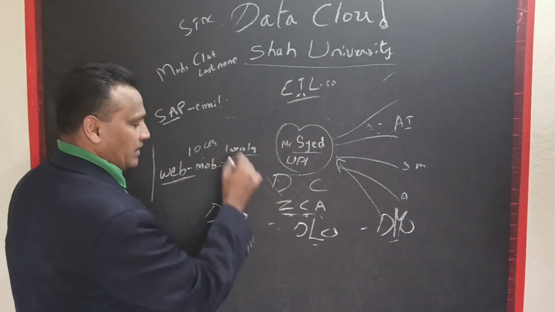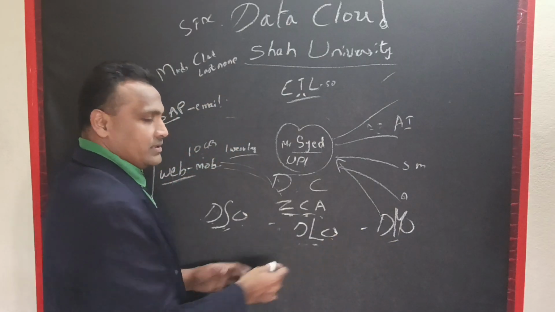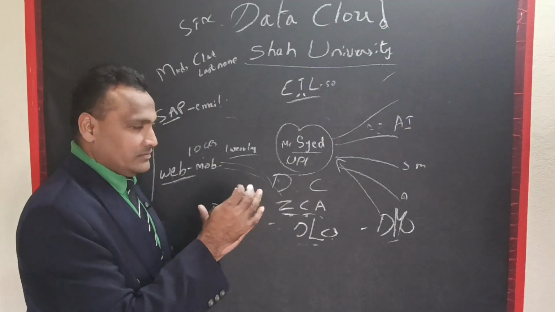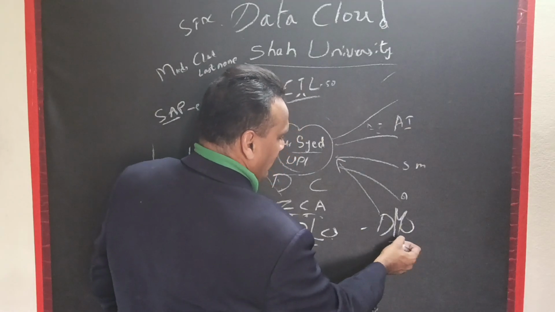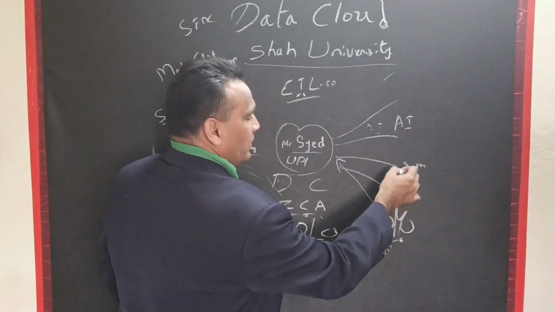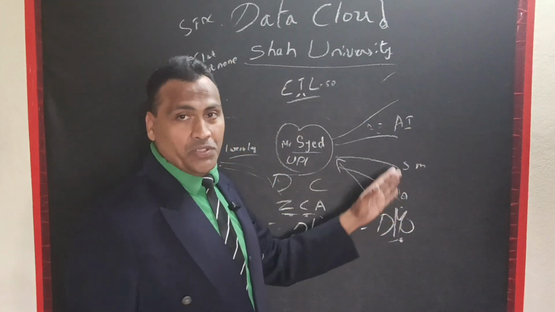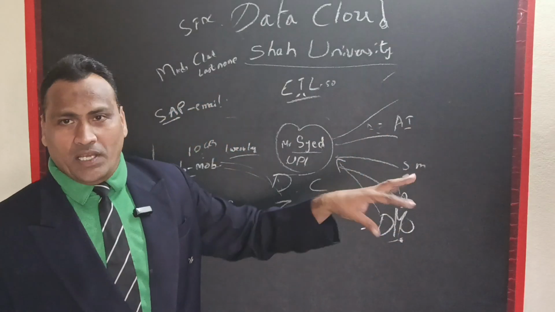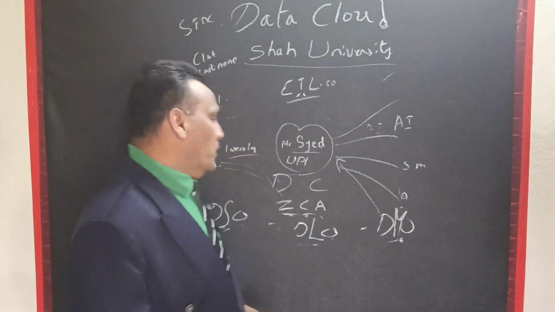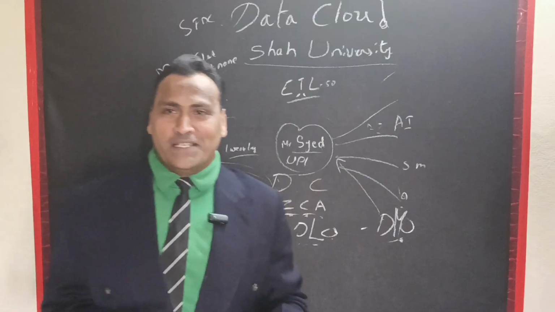Data source object, the raw data; data lake object, a little bit confined and decorated; then data model object. It is the actual thing where we use it for further planning, decision making, analyzing, reporting, etc. I hope you have got an overview of Salesforce Data Cloud.